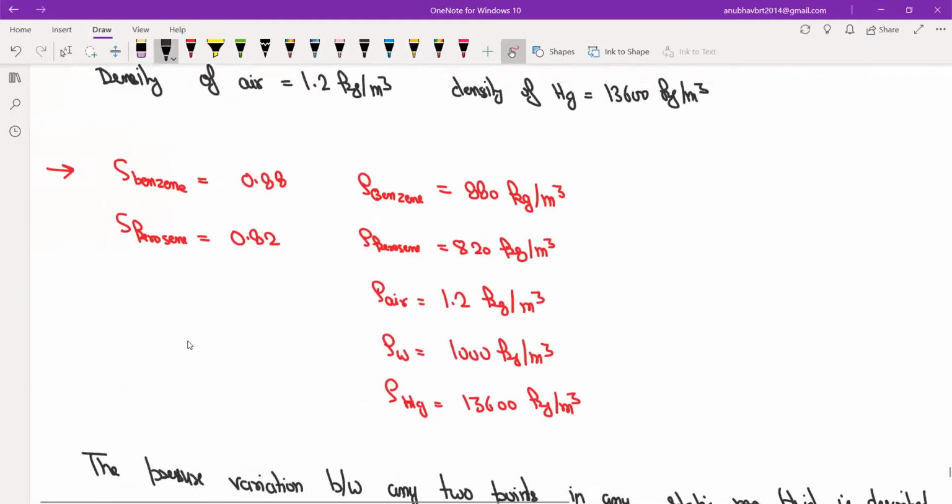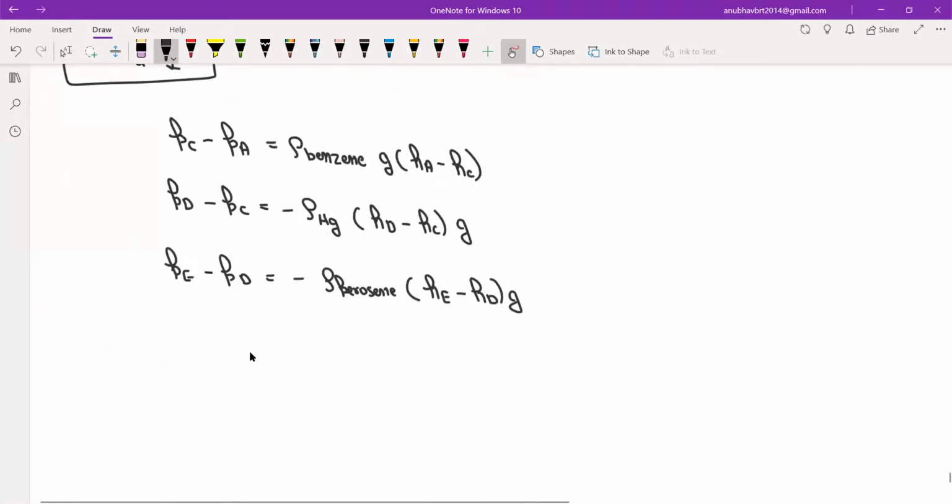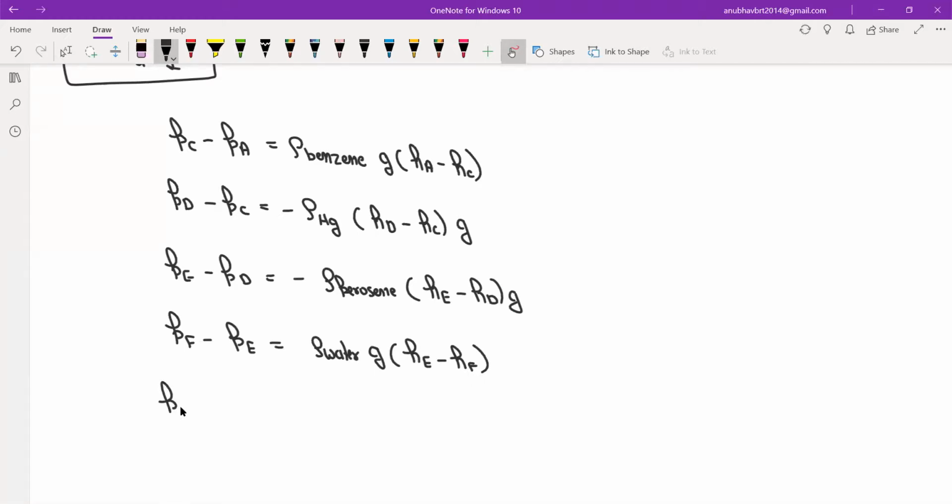So PF minus PE is equal to rho of water G into HE minus HF, and then again B point is above, so PB minus PF is equal to minus rho of air G of HB minus HF.